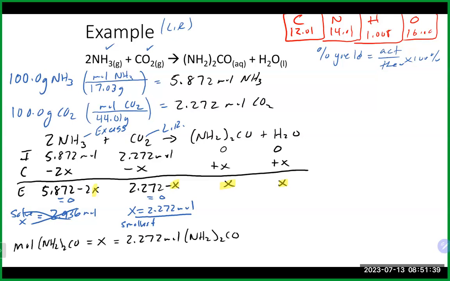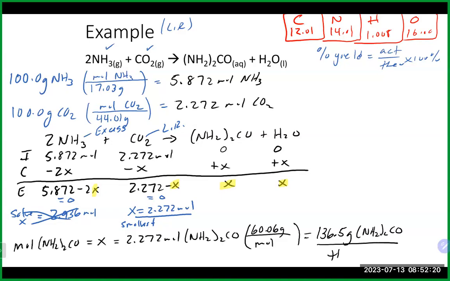So that is 2 nitrogens at 14.01 plus 4 hydrogens at 1.008 plus 12.01 for the carbon and a 16. Looks like a 60.06 on the molar mass there. And we actually want to multiply by 60.06 grams per mole. And that will get us about 136.5 grams of our product here.